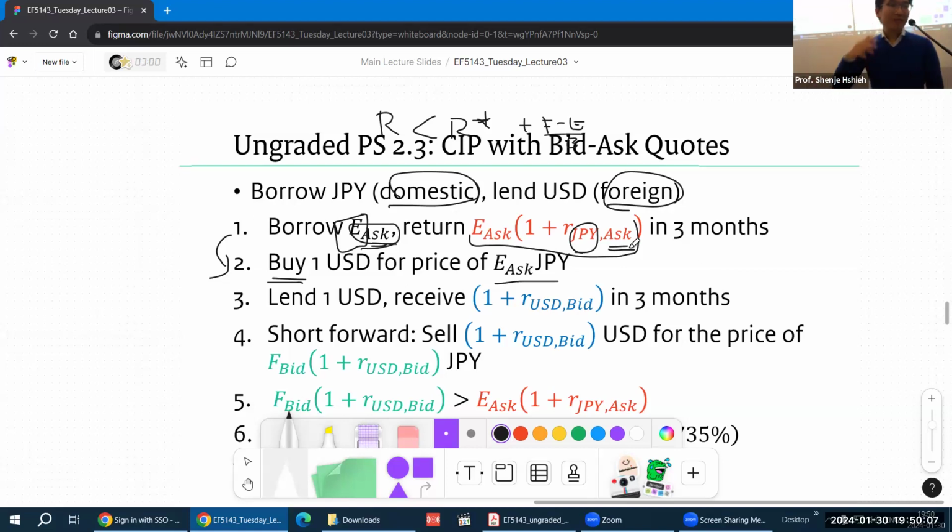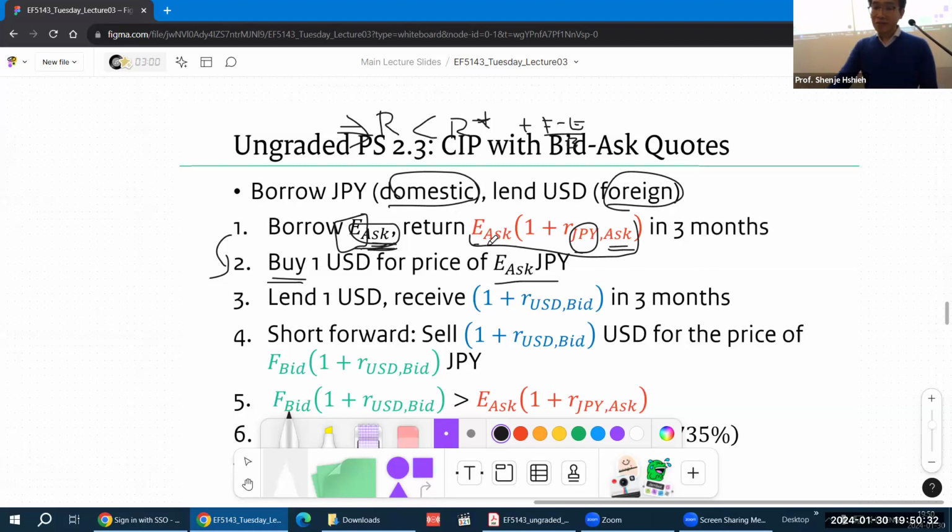So step 1, figure out how the CIP is violated. We realize it's this, which means that we're going to have to borrow domestic and deposit in foreign. So we borrow E amount, and we want to buy the foreign currency using the E amount, but we don't know if it's ask or bid. Going to step 2, realize we're using that amount to buy something, which tells us it's going to be E ask.